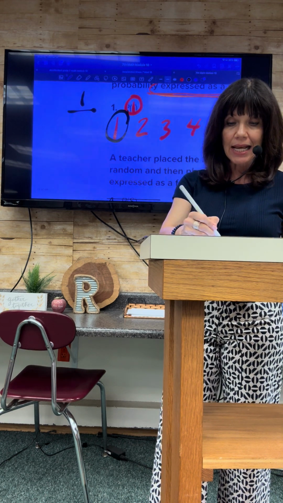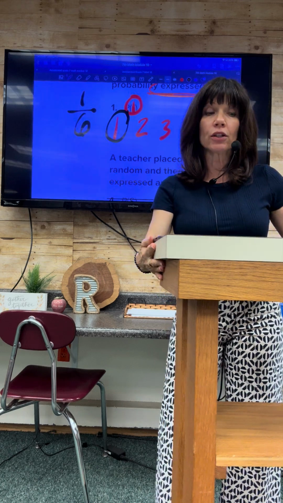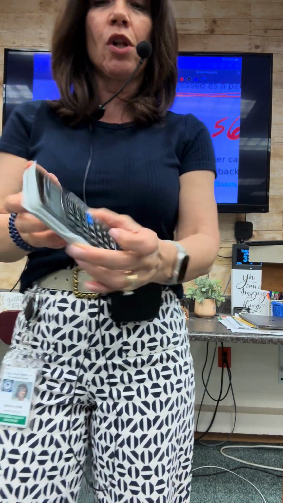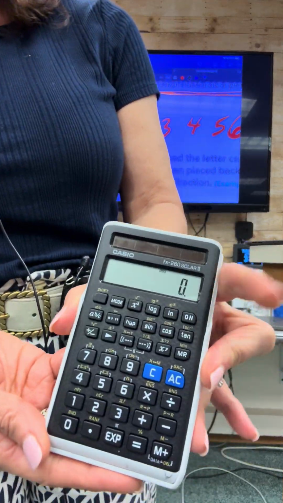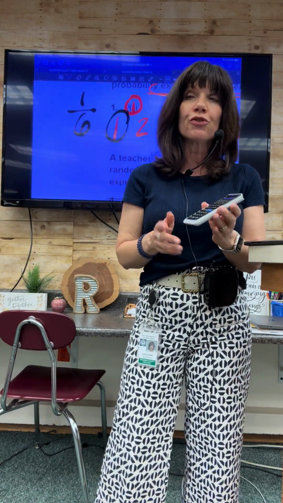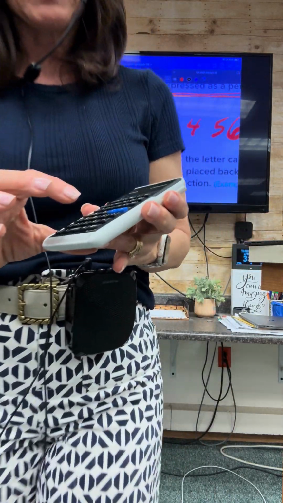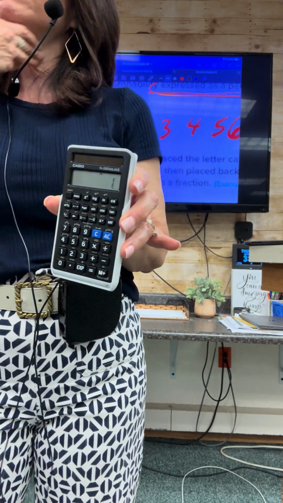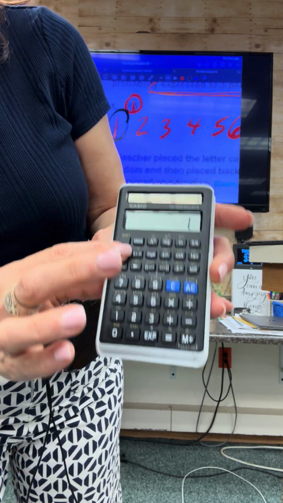Now, we're learning how to use our white handheld calculators that my students will all have during the FAST exam. Click the on button to make sure you're starting fresh and have cleared your screen. Then enter the numerator first, which is 1. Then tap the fraction key, which looks like ABC.